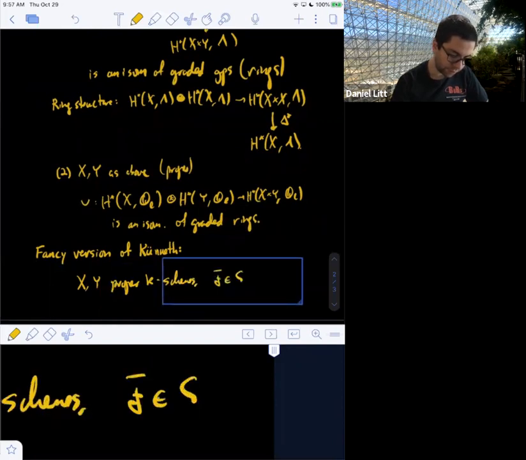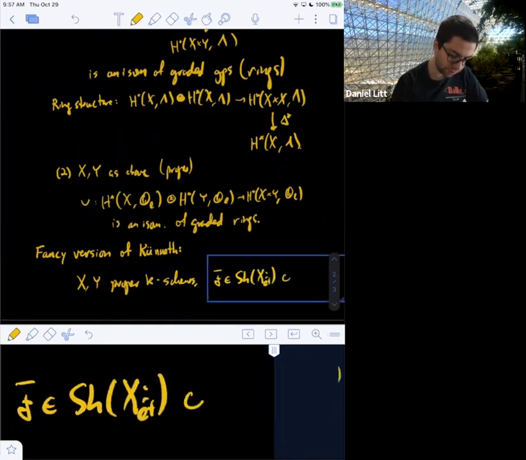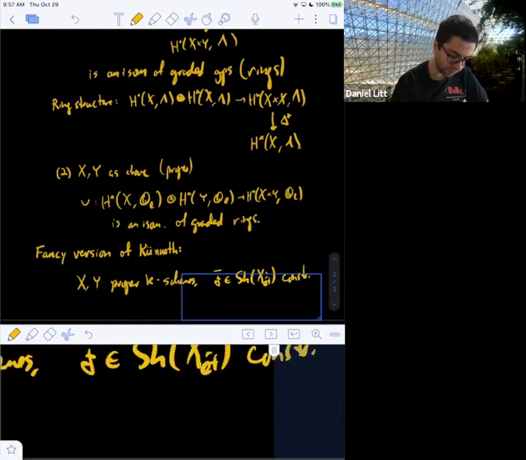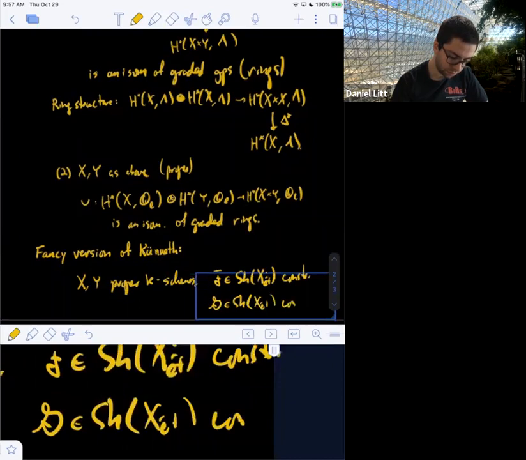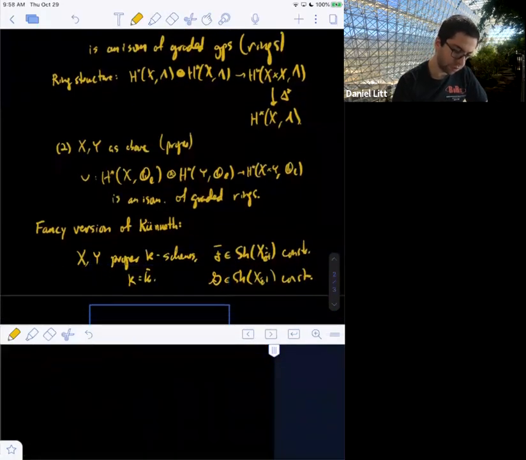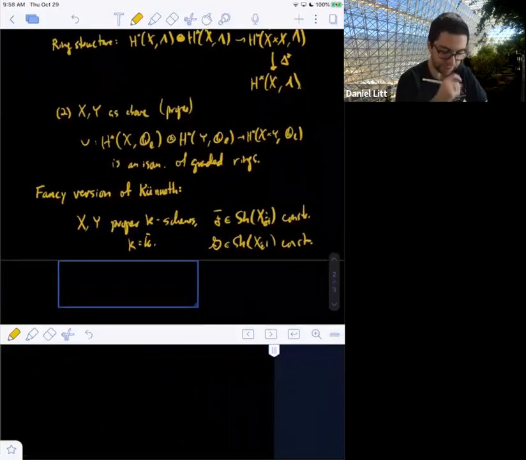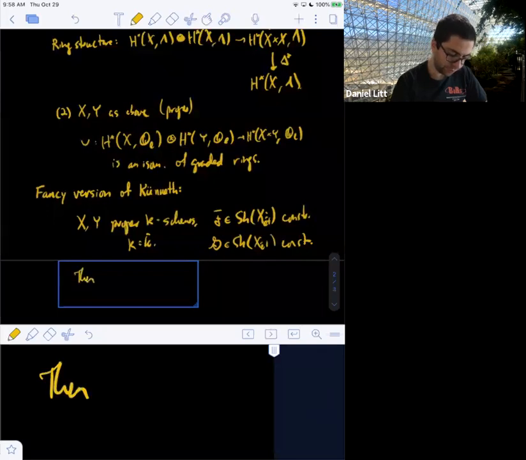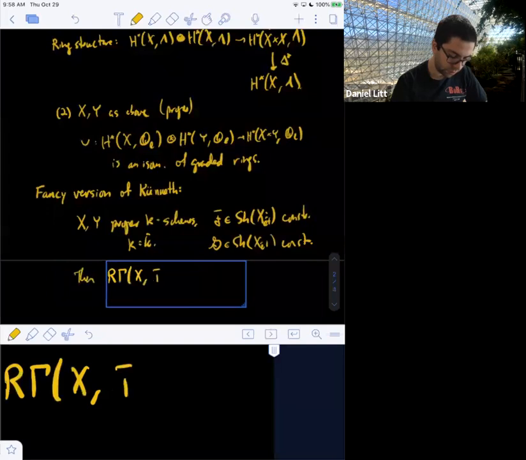F was a sheaf on X étale, which was constructible, and same with G. And K was algebraically closed. Then the statement was that there was an isomorphism as follows.